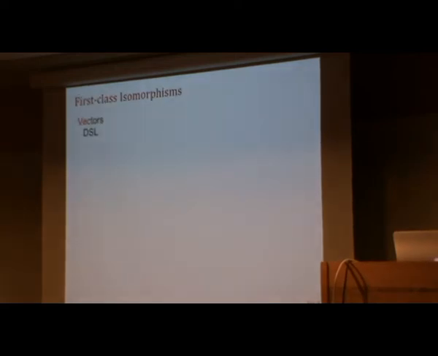So first class isomorphism is when you use the fact that we have a lot of different isomorphic representations for a data structure in order to make them user-definable. It means that, for example, if we want to develop a vectors DSL, each DSL is just some interface and operations around an abstract data type.